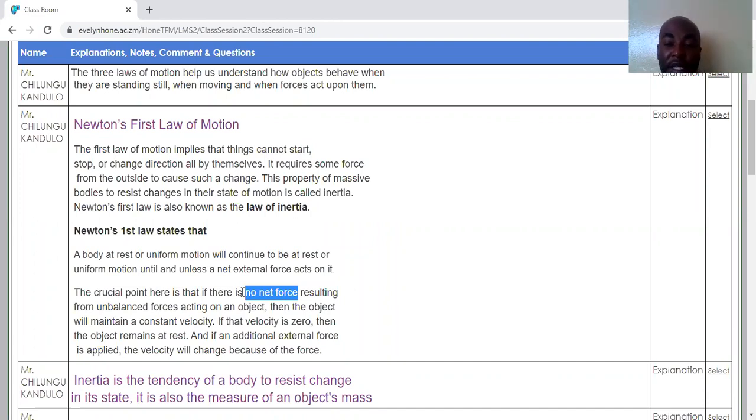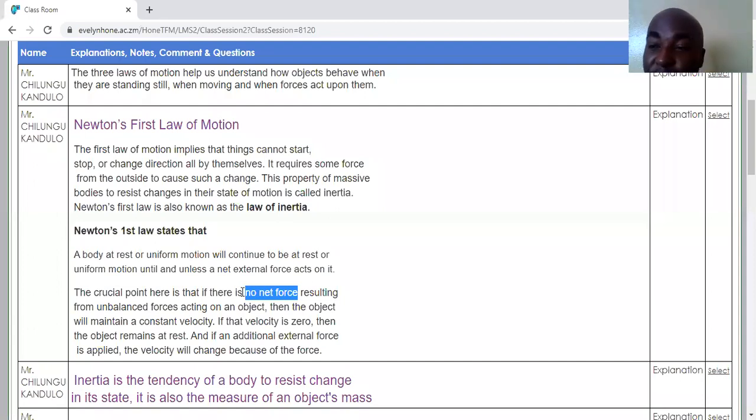So meaning, if you hear that a body is moving at constant velocity, that's very key, it means that the body has forces which are balanced.